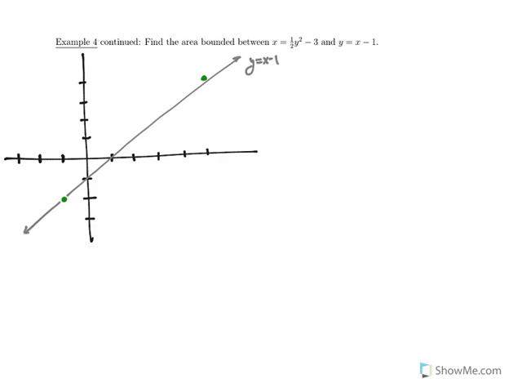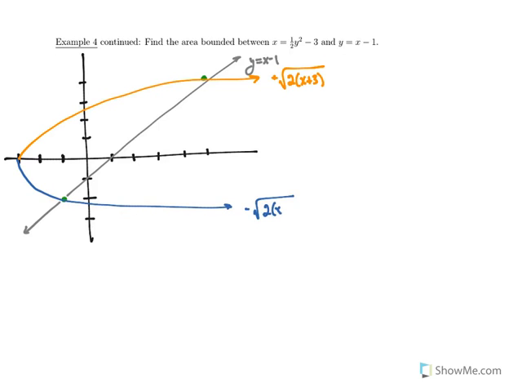Think about the positive square root. It's positive square root of 2 times x plus 3. And the negative square root of 2 times x plus 3. And the area that we're considering is the area bounded by all three of those functions.